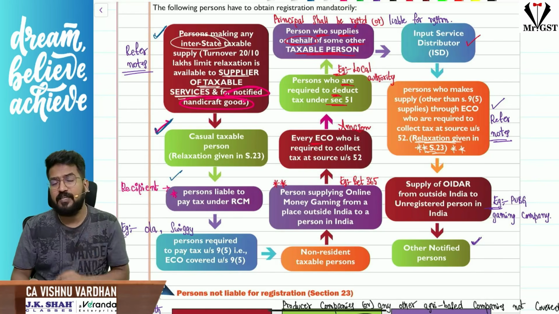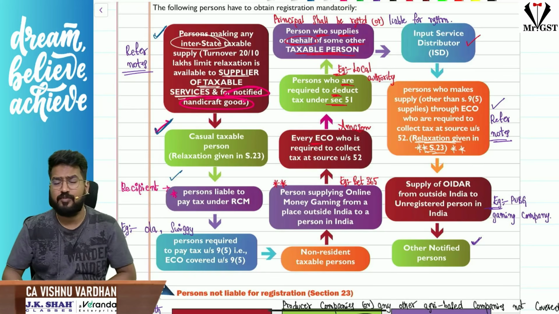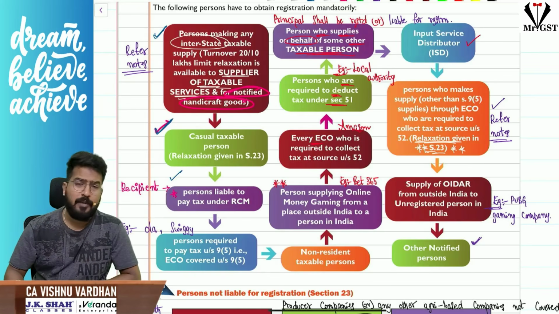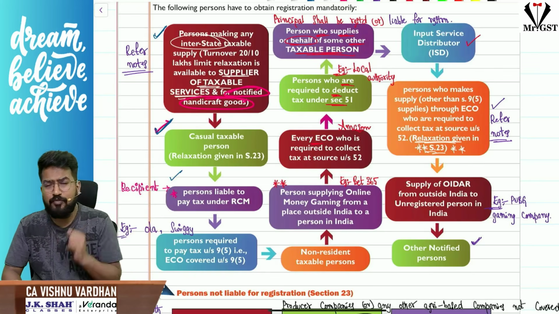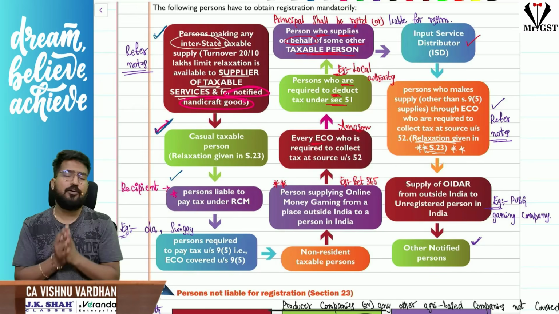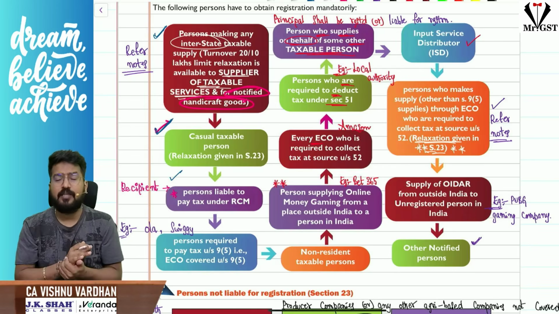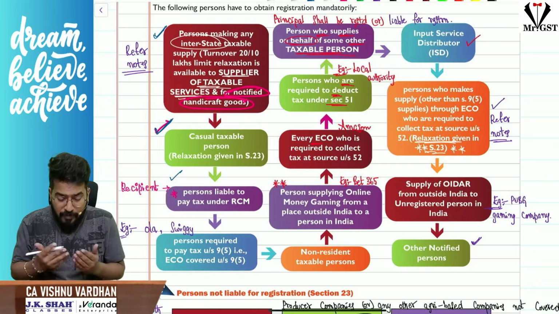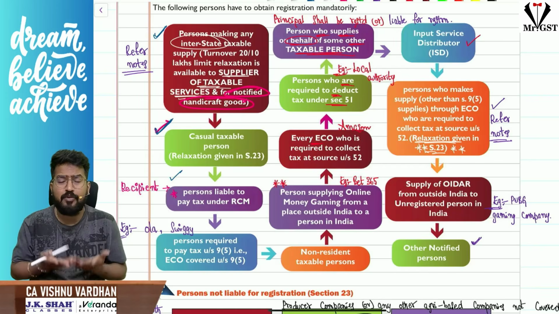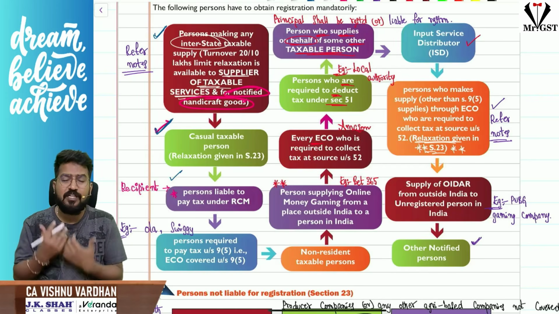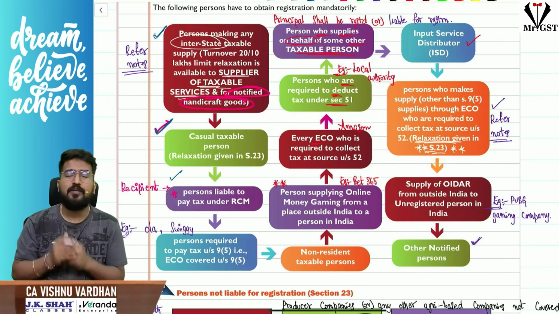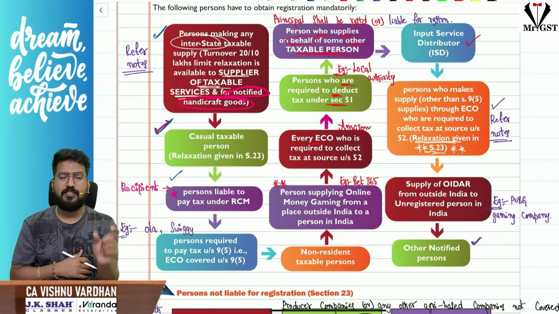But sir, in certain cases like body corporate sponsorship services, the recipient should be a body corporate or a partnership firm. In that case, the law does not focus on whether the recipient is registered or unregistered. So if the recipient is already registered, he will go and pay GST directly. If he is unregistered, then he will take registration under section 24, because he is compulsorily liable for registration, as he is liable to pay GST under RCM. So simple. If the law says registered, then only RCM.